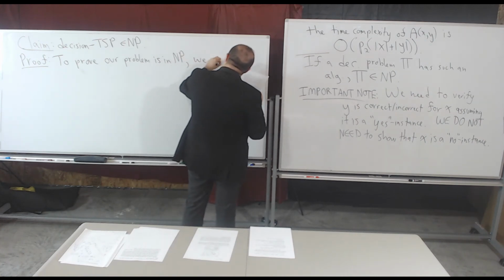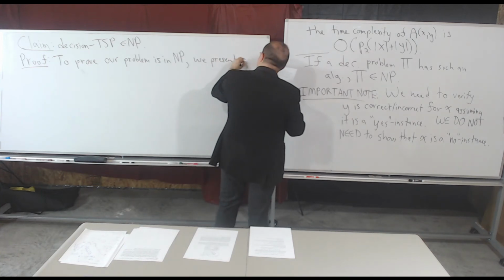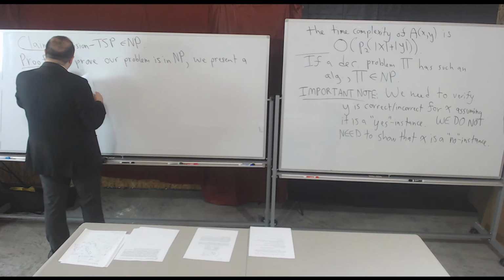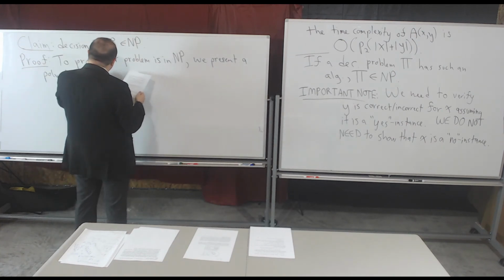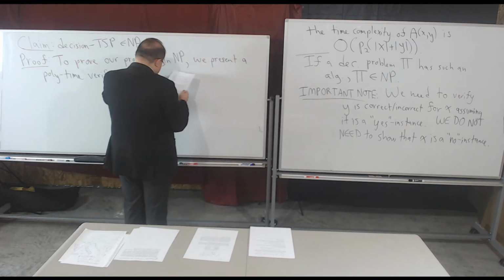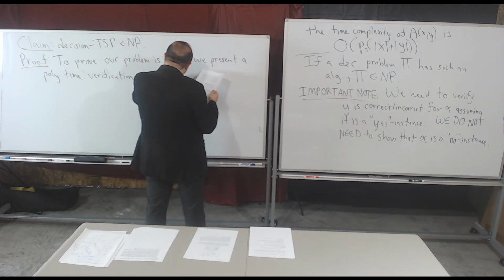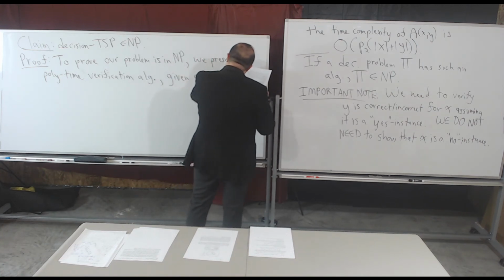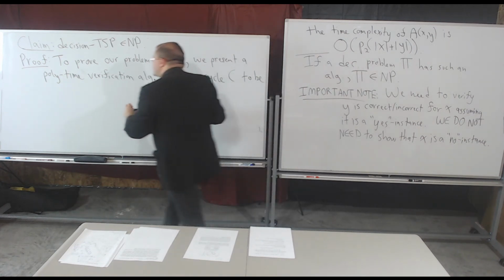we present a polynomial time verification algorithm, given, now I'm going to specify what the certificate is, a cycle C to be checked.